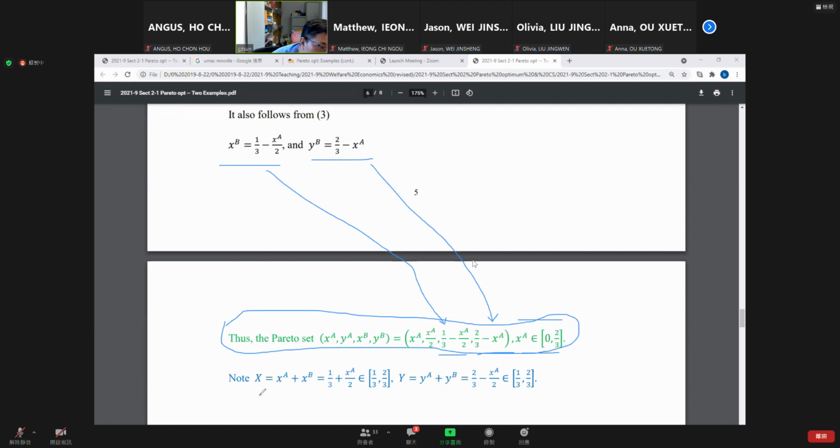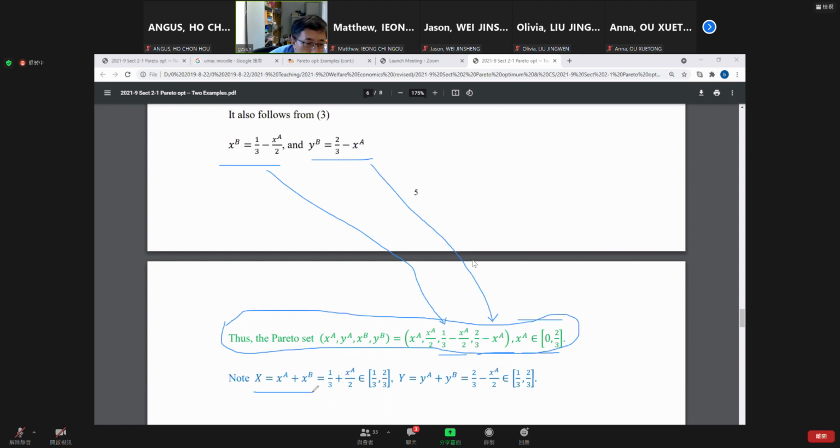You know, the value for good X is also the value for labor input in producing X. So therefore, this one is not only about how much X we produce for the whole society, but also about how much labor we allocate to the production of X.